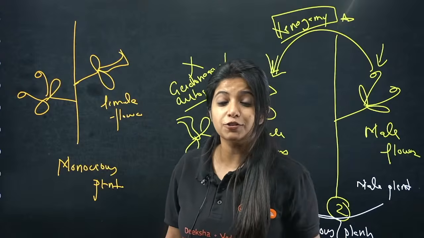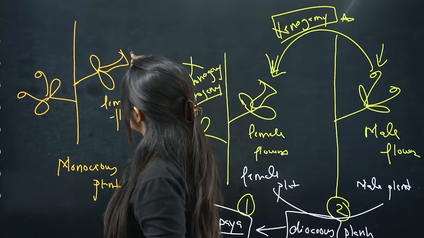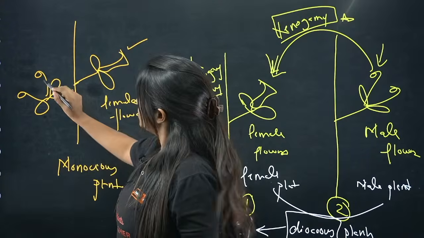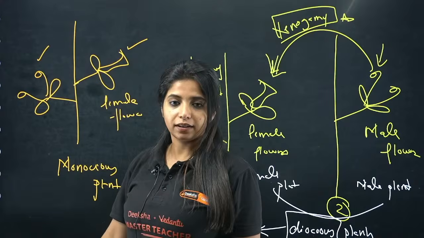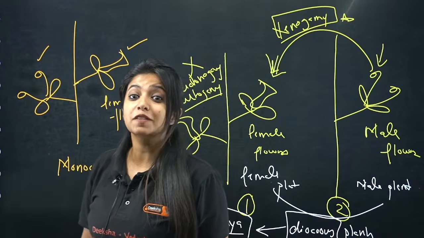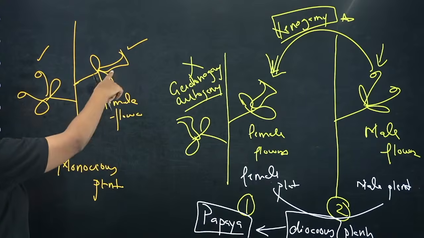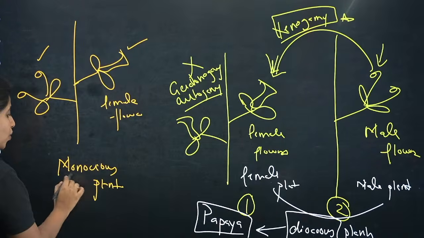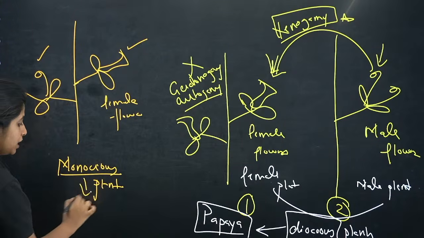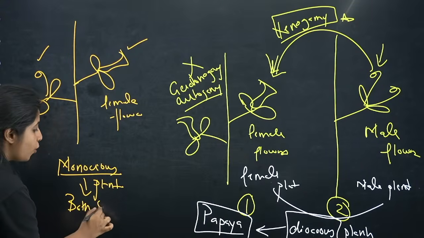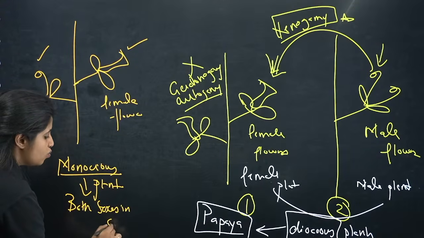Are these unisexual flowers? Yes, this is a unisexual flower, only female part is there. This is a unisexual flower, only male part is there. But is this a unisexual plant? No, both the sexes are there in one particular plant. So I say monoecious plants means you will have both the sexes in one plant.